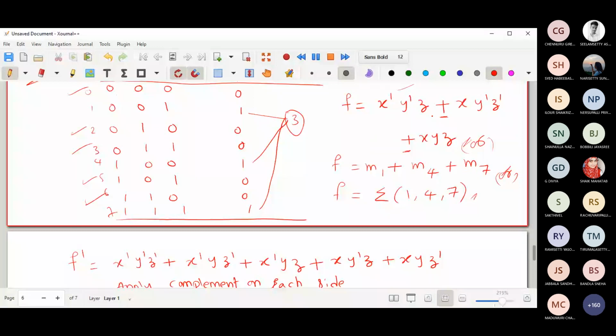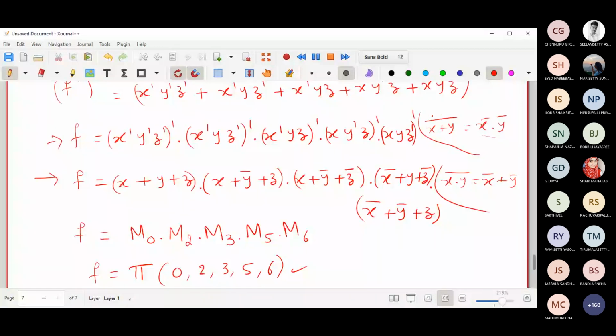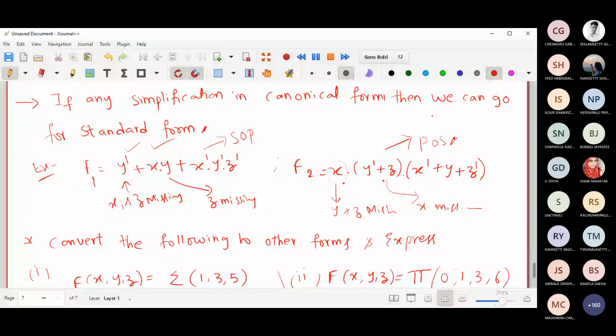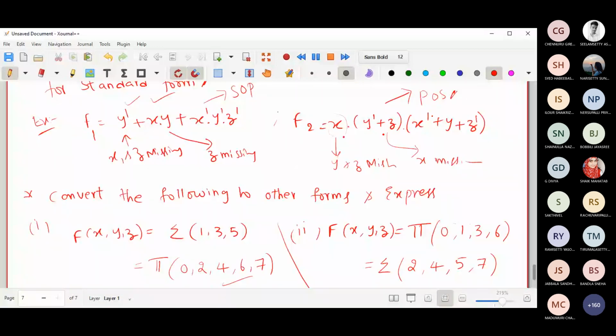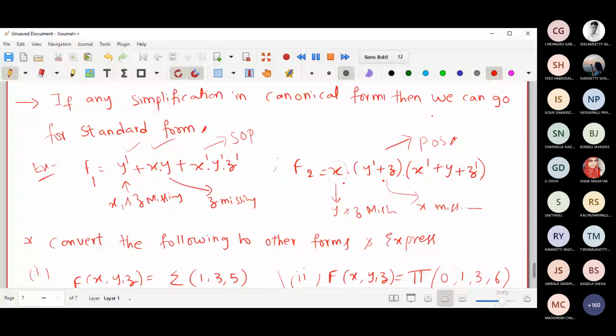Now we are not required to do that, I just discussed it as an example. So this is today's topic, sum of minterms, product of maxterms.